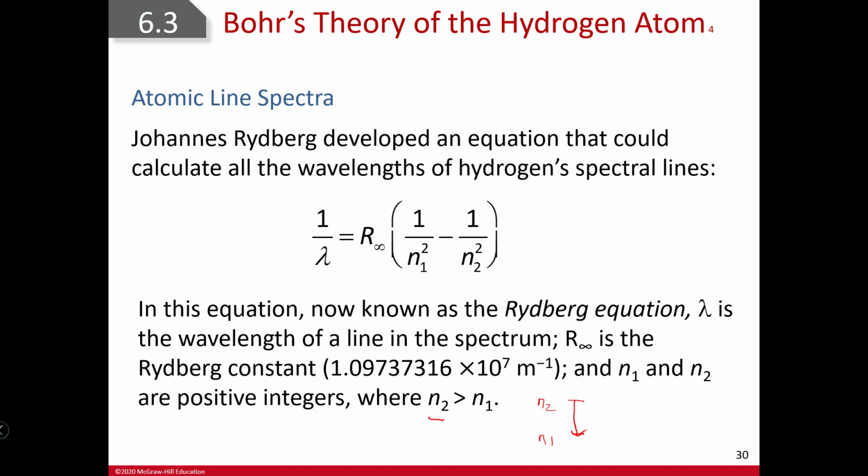And when it falls, it emits a certain wavelength or frequency of radiation. And we know that if we know the frequency or the wavelength of that radiation, we can use E equals h nu to determine that energy, or we can use E equals hc over lambda. So notice this is 1 over lambda here to ultimately determine the wavelength. Or, given the wavelength, we can determine the energy difference.